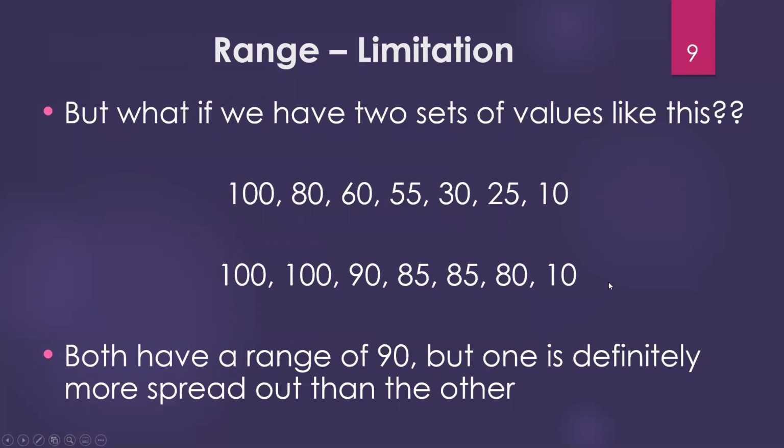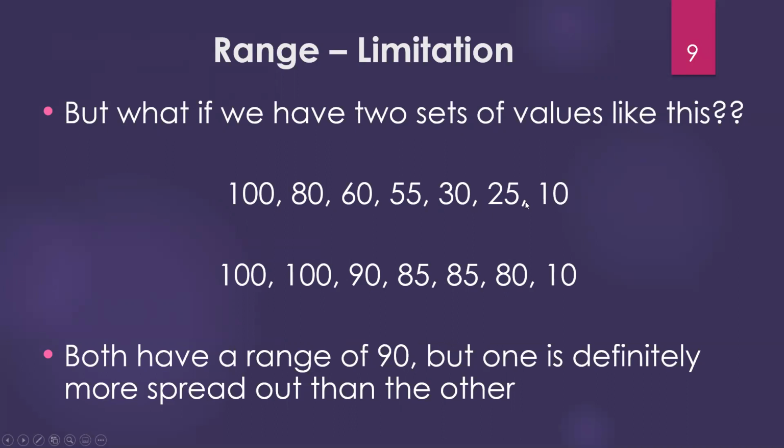But just visually looking at these, you can see that one is definitely more spread out than the other, right? This first one has values that aren't all smushed together towards the high end, whereas this one, the values are kind of less spread out, right? Most of the values, with the exception of 10, are above 80 and 100, but here there's an 80, a 60, a 55, a 30, a 25, right?